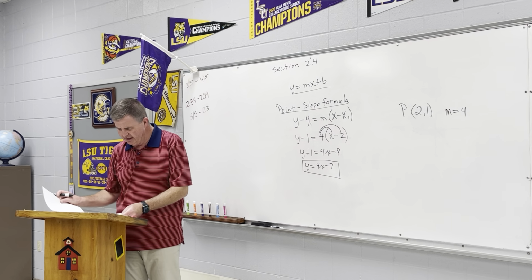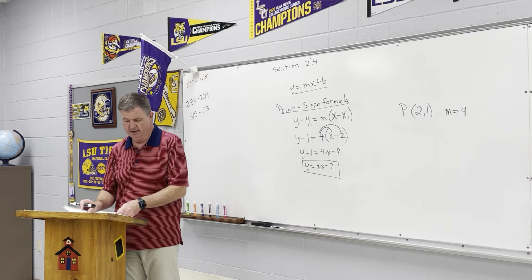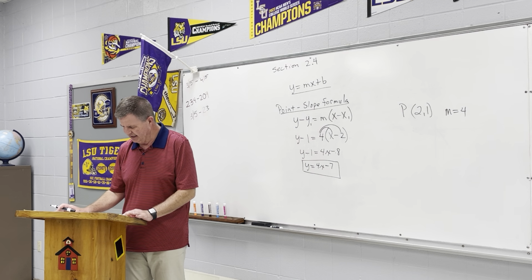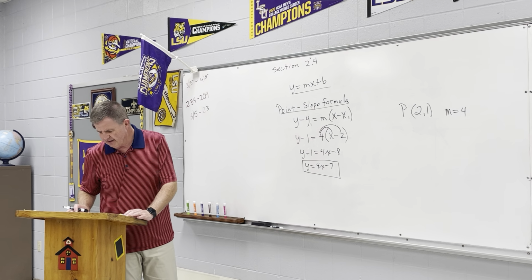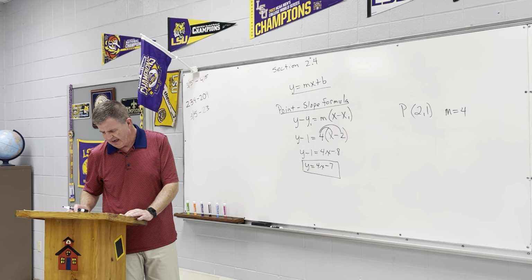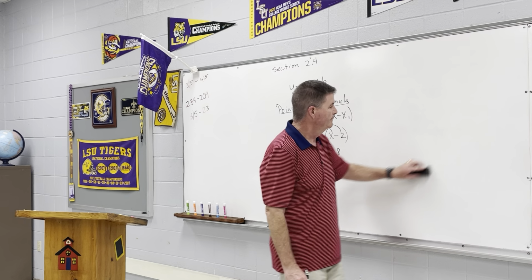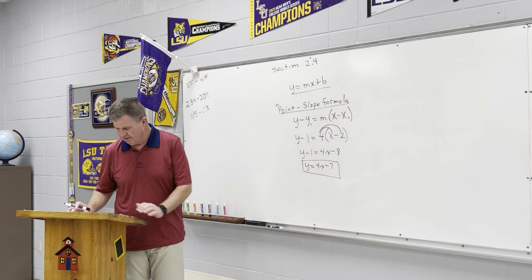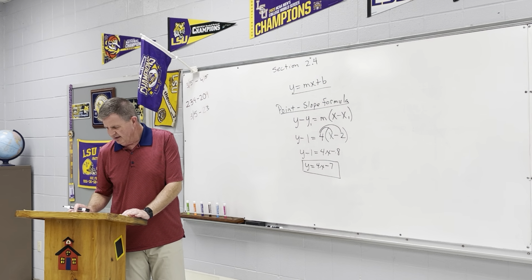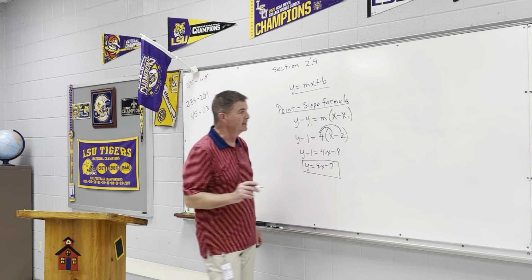Now, they could get a little tricky on us, and they could say something like, write the equation of a line passing through points, and give us 2 points. This is the next example. Write the equation of a line passing through points (1, 2) and (5, 6).